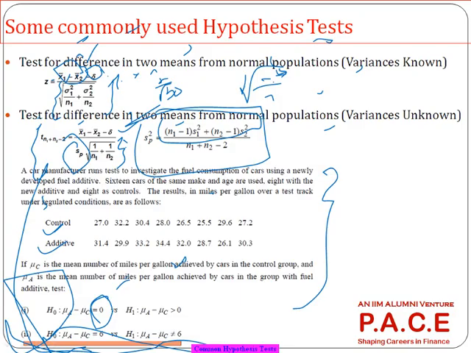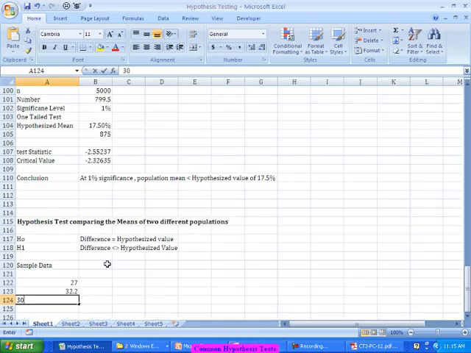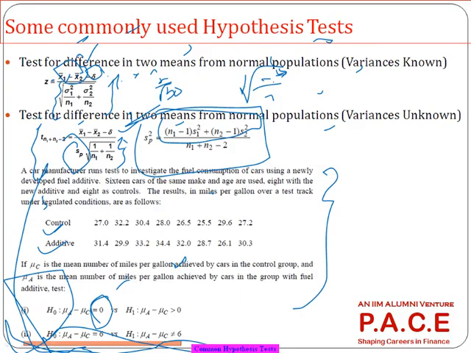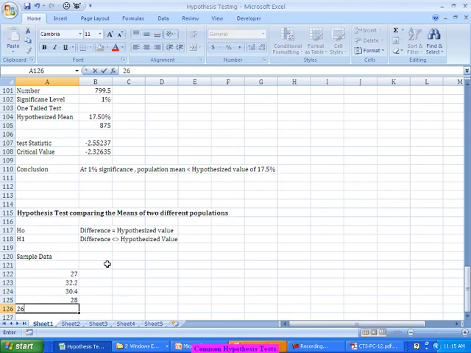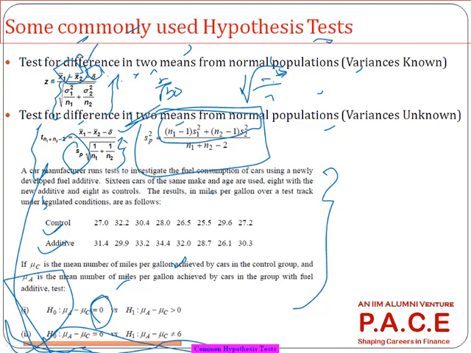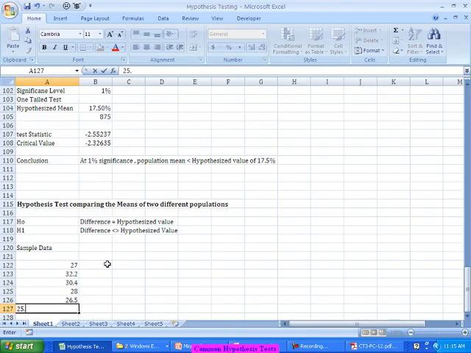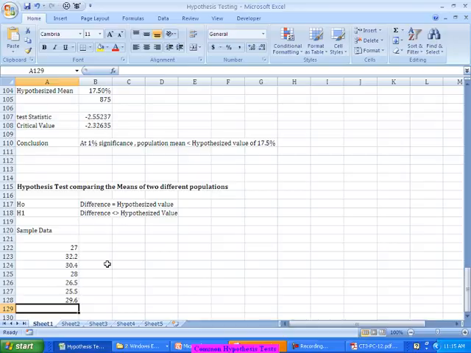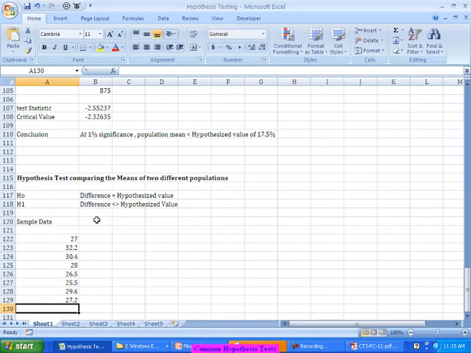So for the type 1, the data is, I'm just copying down the data. Okay, that's the first set.